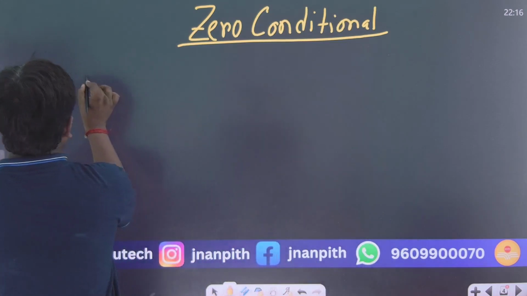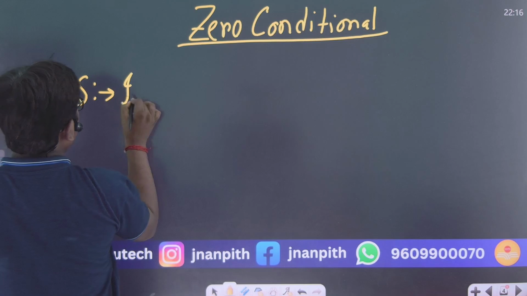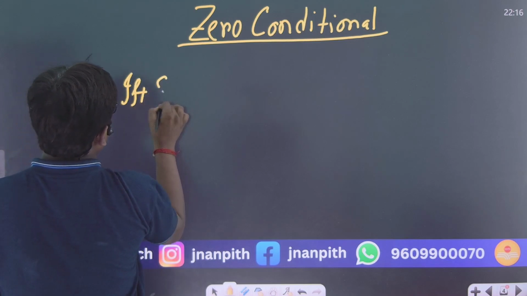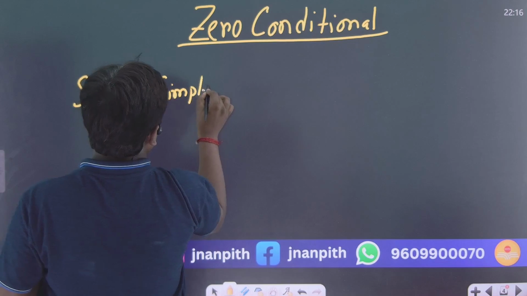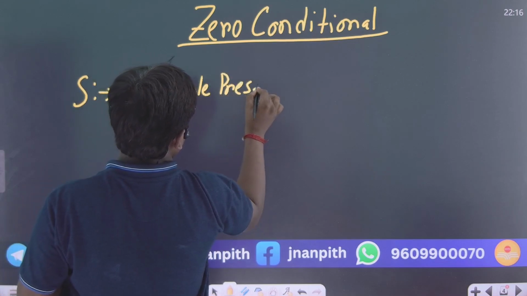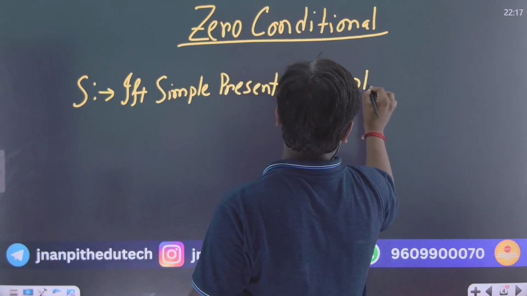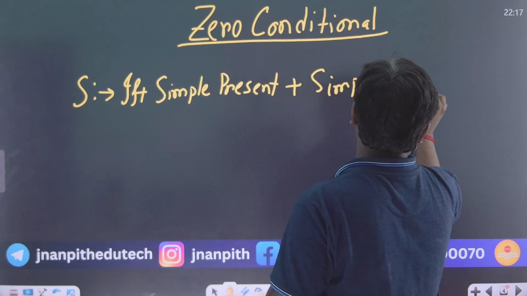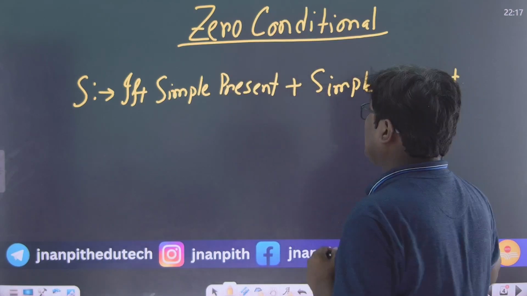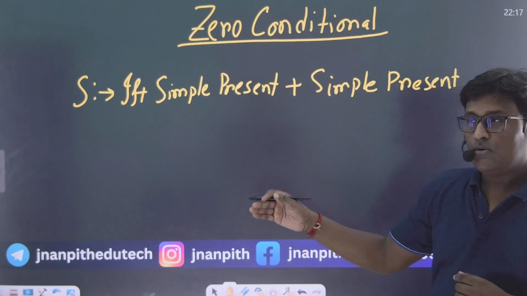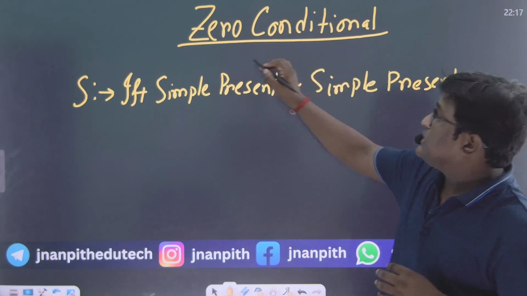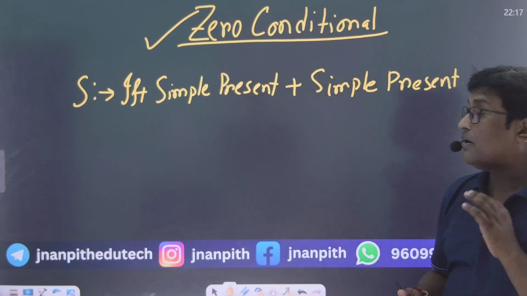So the structure is thus: if plus simple present plus simple present. If the structure goes like this, then it will be zero conditional.